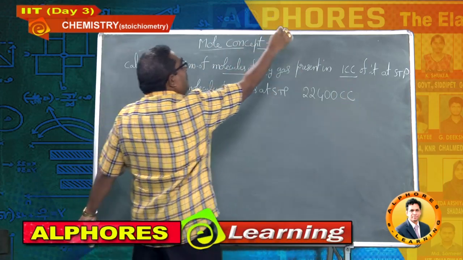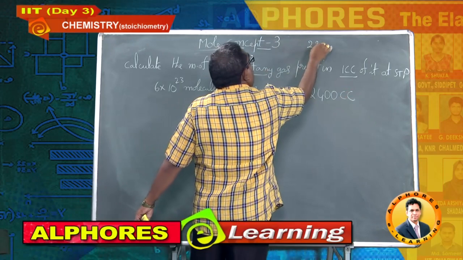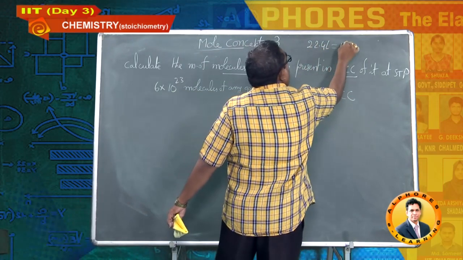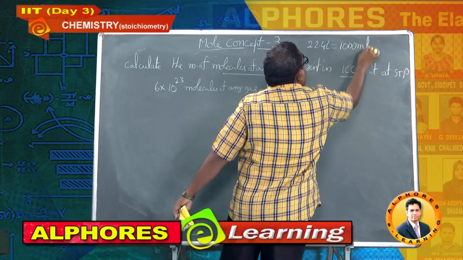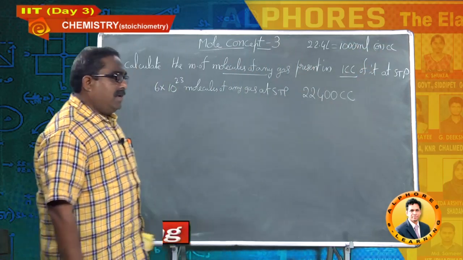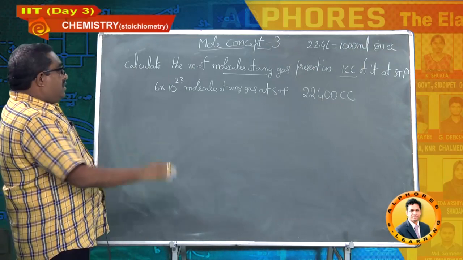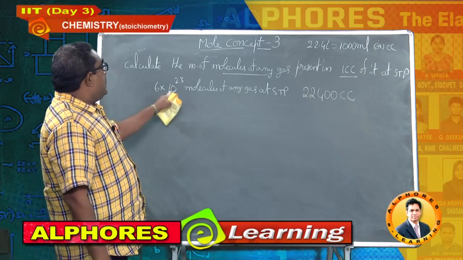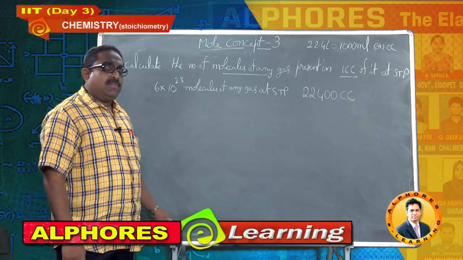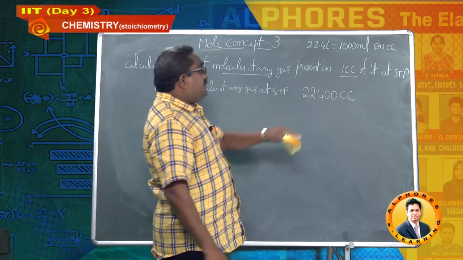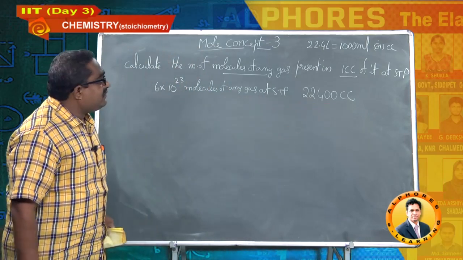See, I am going to give the unit here. 22.4 liters. 1 liter is 1000 ml. ml or cc, both are same. Centimeter cube and ml, both are same. So, as per the concept of GMV, 6 into 10 power 23 molecules of any gas occupy this much volume at STP.